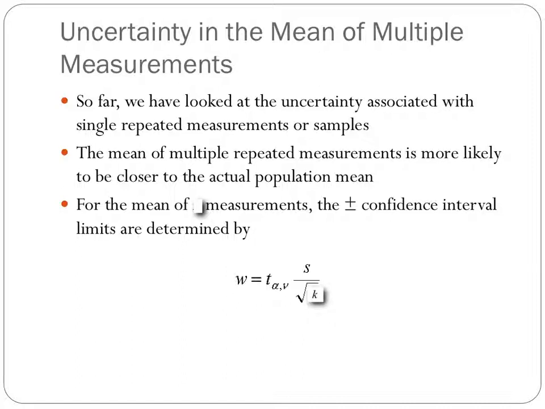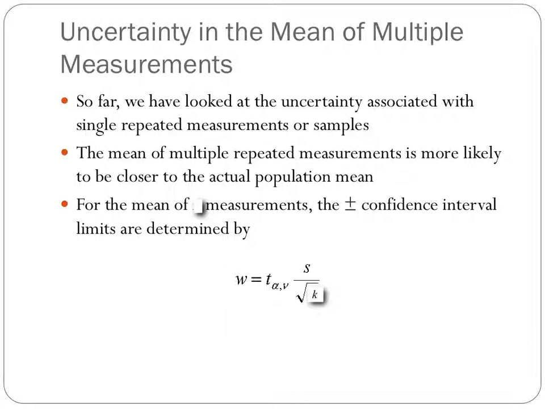If we take multiple repeated measurements from that population and then we average them together or take the mean of those multiple repeated measurements, it's more likely that we are going to be closer to the actual population mean. So this means that the confidence interval is going to be a smaller limit about that mean value.